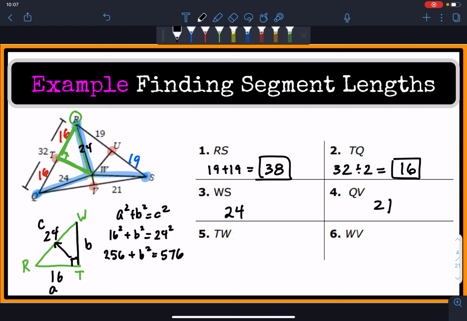I solve B by doing again letters to the left, numbers to the right. So I'm going to move 256, and I'm going to get B to the second power to equal, what is this? This is 320.